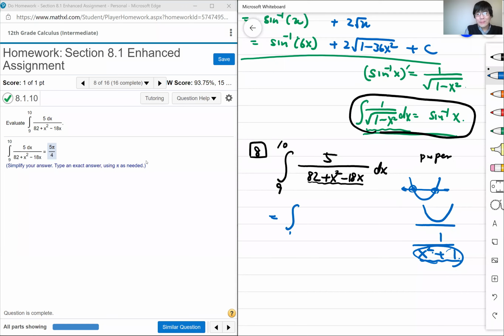So that's going to become closer to the derivative of the arctangent. So you complete the square, it's going to be half, so it's going to be x minus 9 squared minus 81 plus 82. So that's going to become 5 over x minus 9 squared plus 1 dx.